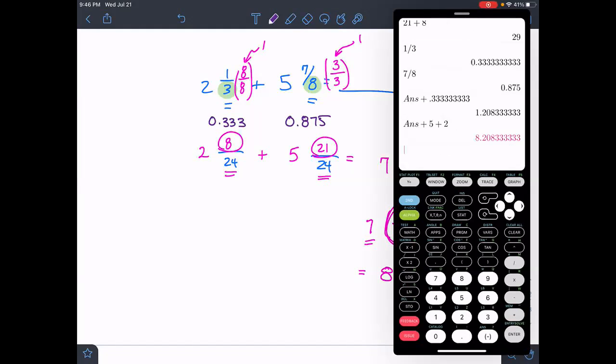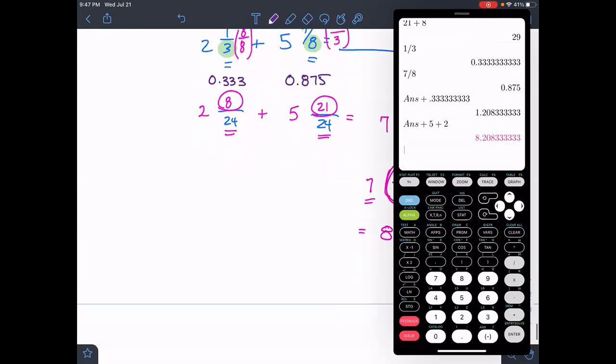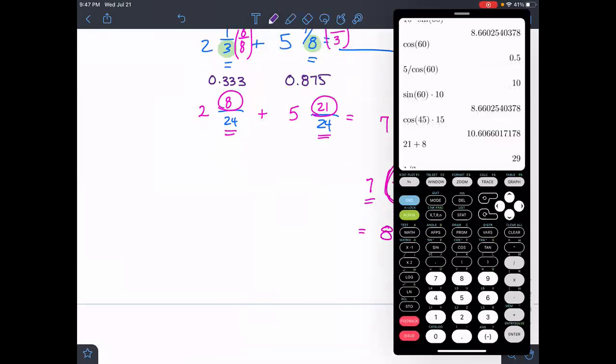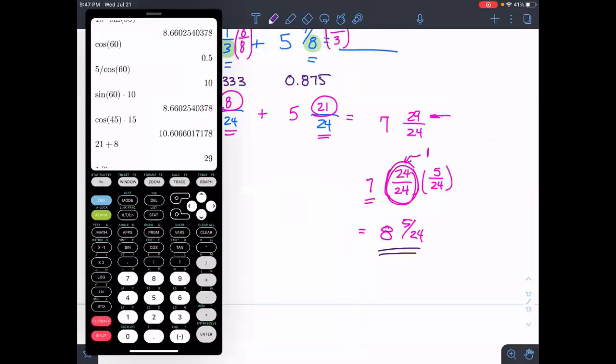So I know that this is my final answer in decimal form. Then I can go to my answer choices and put all of them into my calculator and see what I get. I want to compare this value to what I got here.